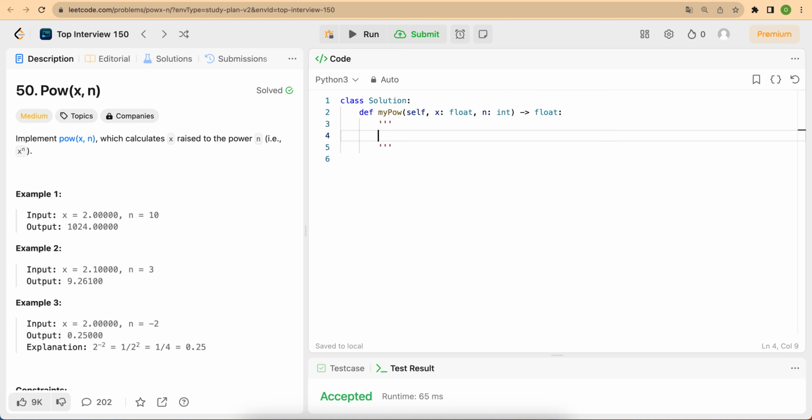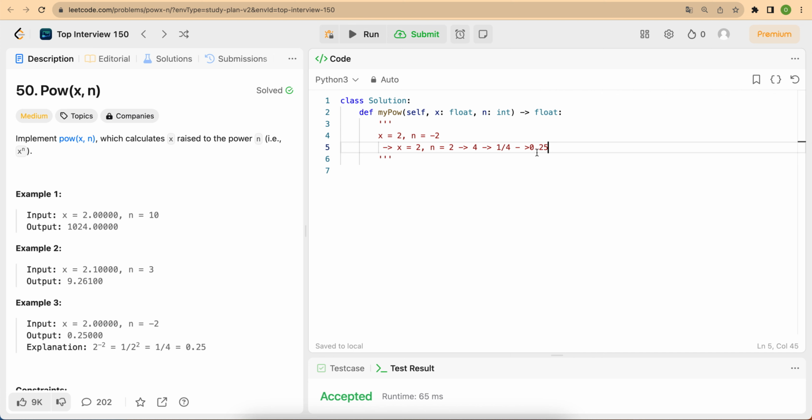If we want to calculate when our x is equal to 2 and when our n is equal to -2, all we need to do is just calculate when x equals 2 and n equals 2, and we will get our result, which is 4, right? And then we will use 1 divided by 4 to get our final result, which is 0.25.